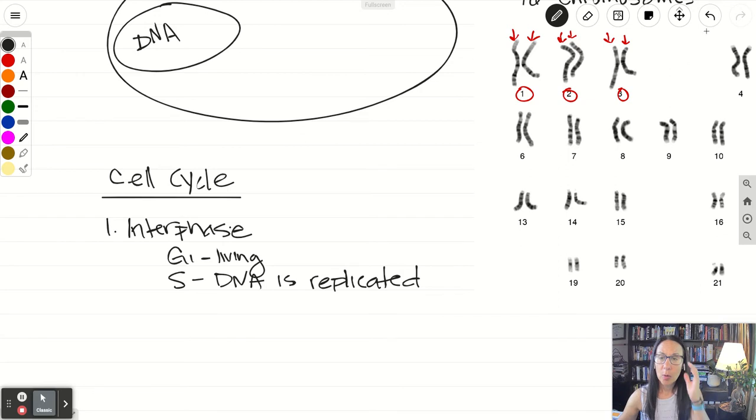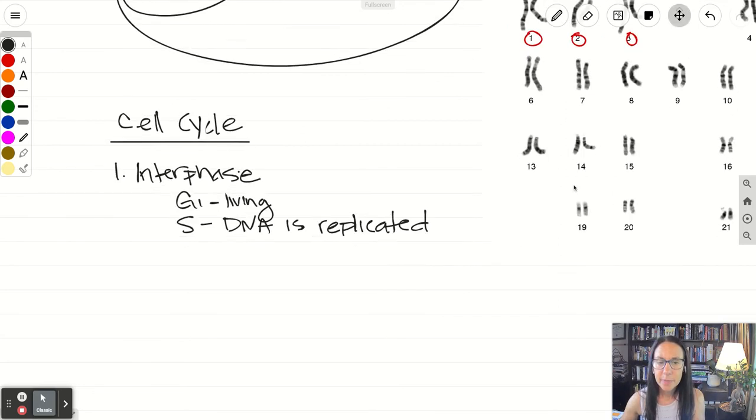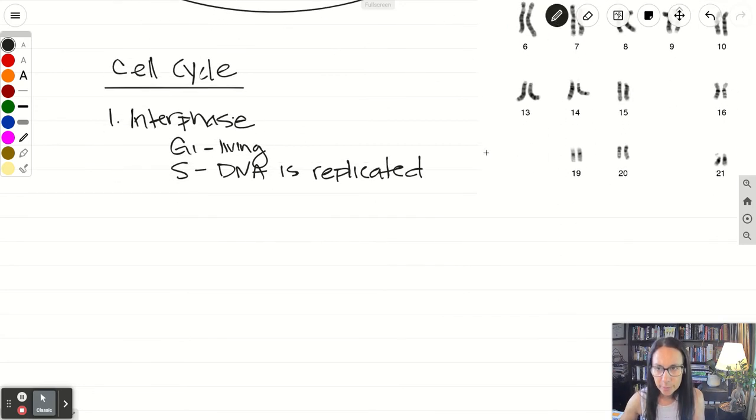And so what happens is a chromosome, like we saw in the karyotype, originally looks like this. So let's just say this is chromosome number 1. Here's mom's and here's dad's. Okay, they have the same genes on them. They just might have different versions of that gene. For example, with eye color, maybe your mom has brown eyes, your dad has blue eyes.